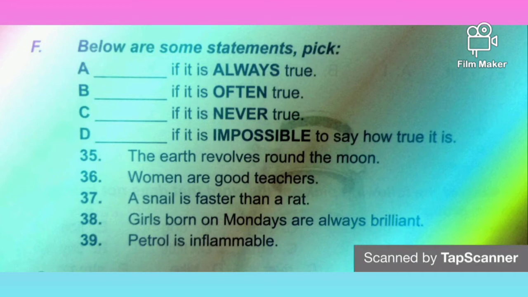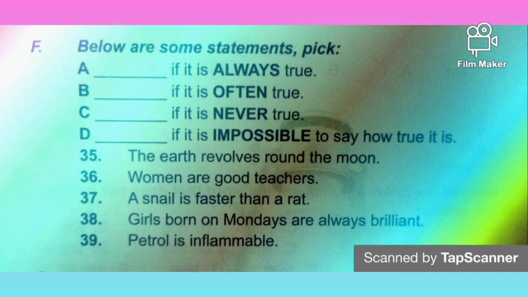Now we say, the earth revolves around the moon. Is it always true? The answer is it is never true, because it is actually the other way around. It is the moon that revolves around the earth, not the earth revolving around the moon.